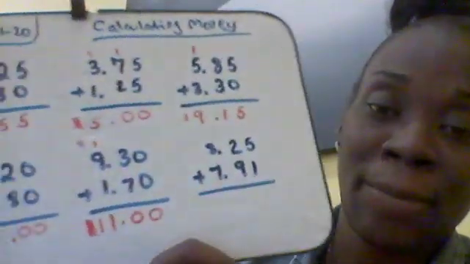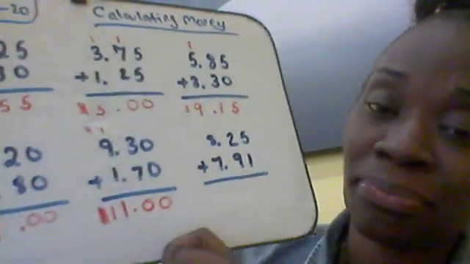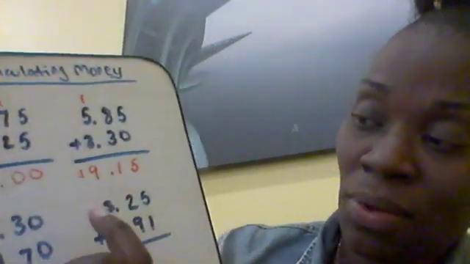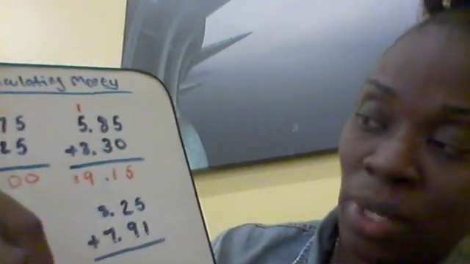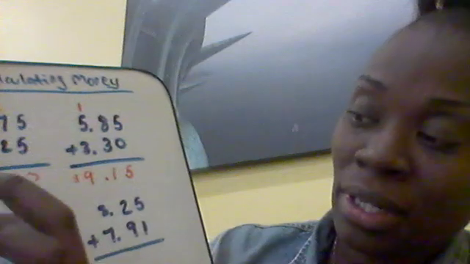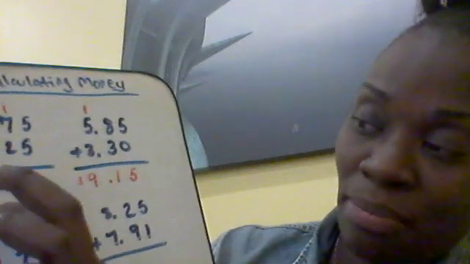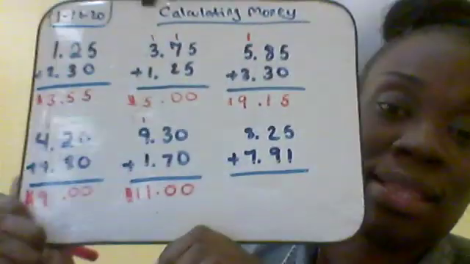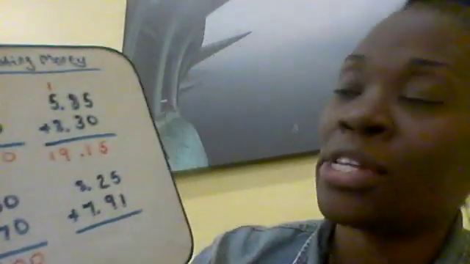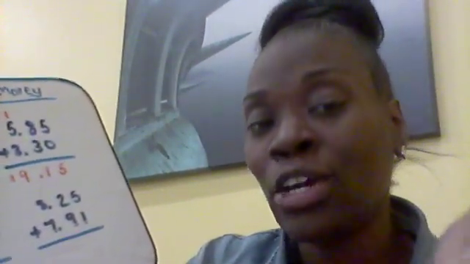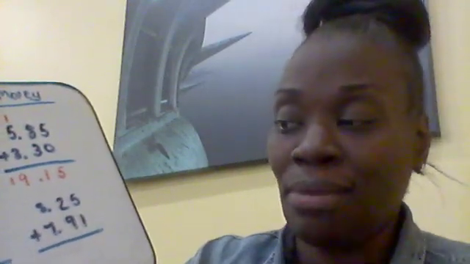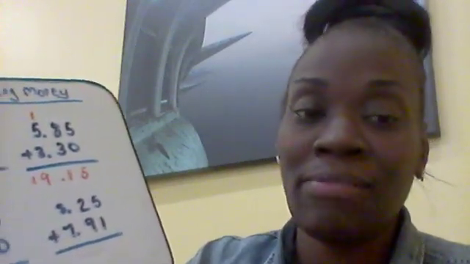Very good. So if you have 0 plus 0 is 0, 3 plus 7 is 10, we carried over, 9 plus 1 is 10, plus 1 more is 11. That's 11. So $11. So if I have $9.30 and I add $1.70, my ending result is $11.